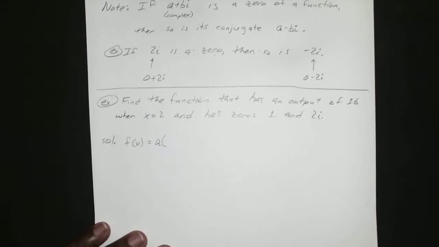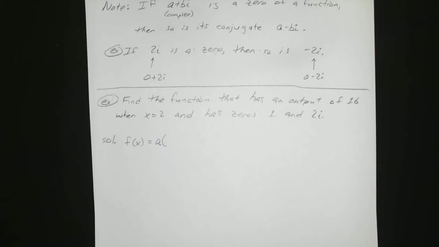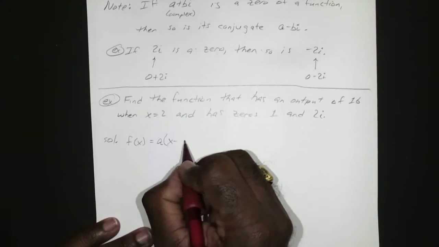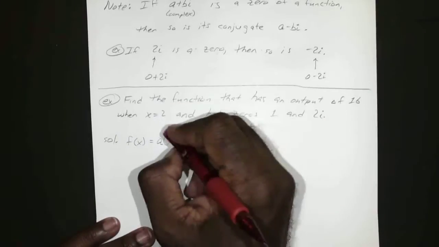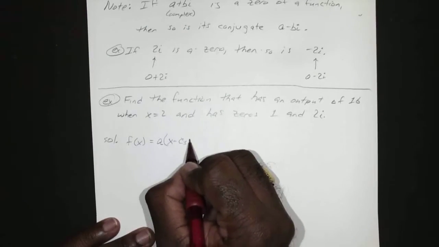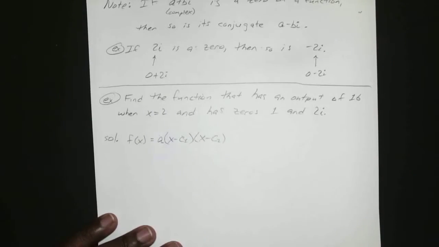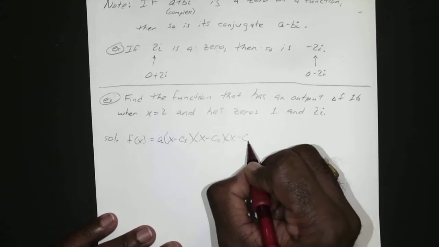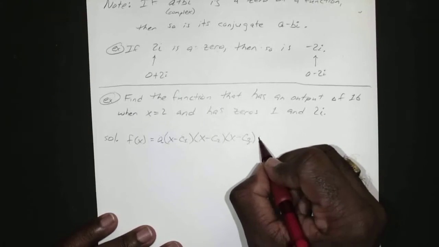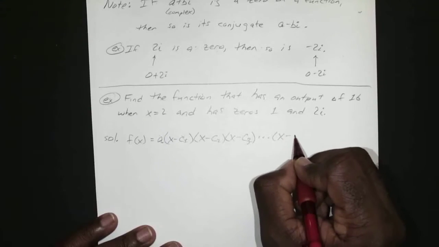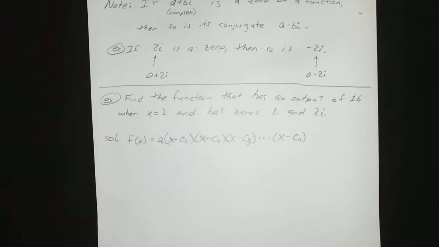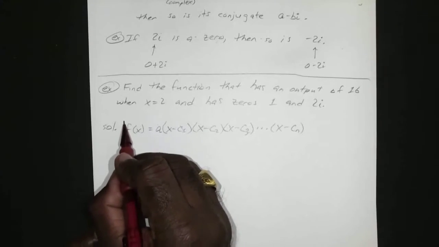So you have some lead coefficient of a. x minus, instead of x1, I'll call it c1. x minus some 0, c1, times x minus some 0, c2, x minus some 0, c3, and it keeps on going until you reach some final 0. Okay, so this is your general form.